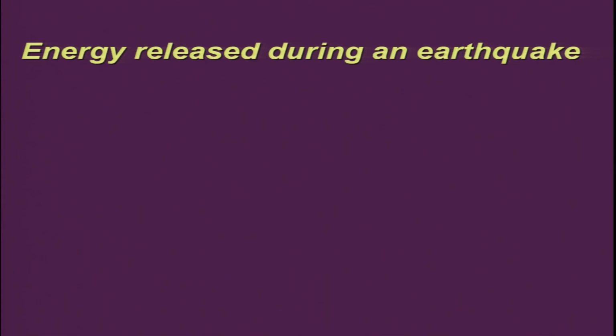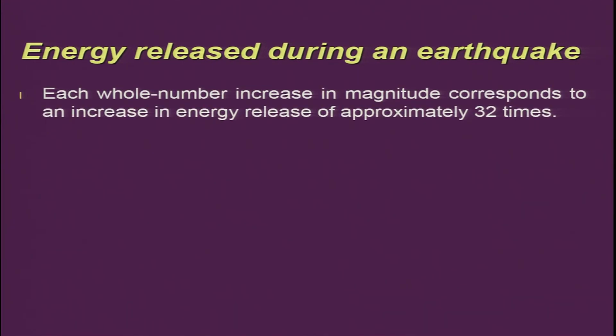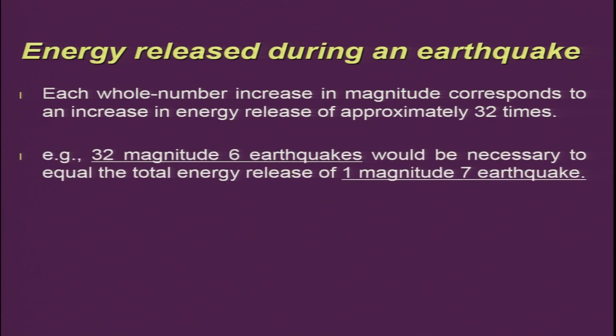So energy released during an earthquake: each whole number increase in magnitude corresponds to an increase in energy released by approximately 32 times. So for example, 32 magnitude 6 earthquakes. Okay. So 32 magnitude 6 earthquakes would be necessary to equal the total energy release of 1 magnitude 7 earthquake.